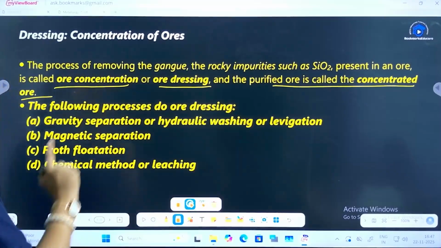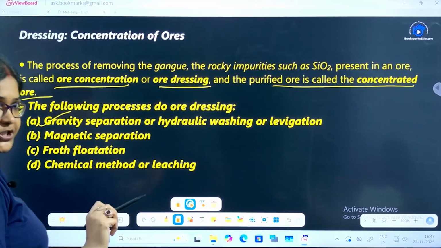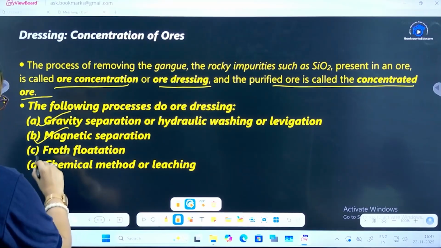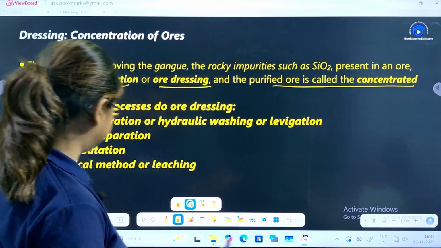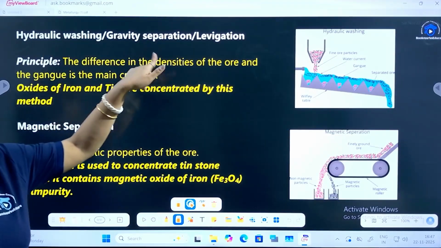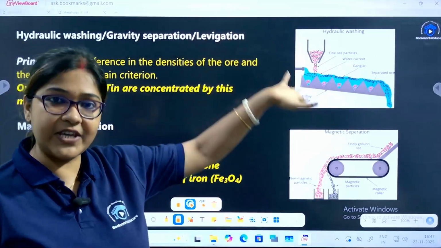This can be done by the following processes: gravity separation or hydraulic washing, magnetic separation, froth flotation, and the chemical or leaching method. Now, coming to the first process, that is gravity separation, hydraulic washing or levitation.